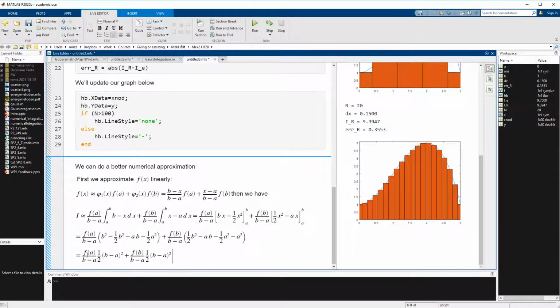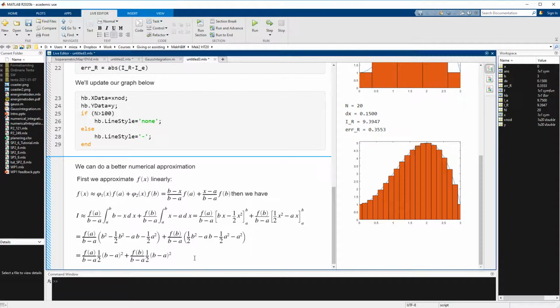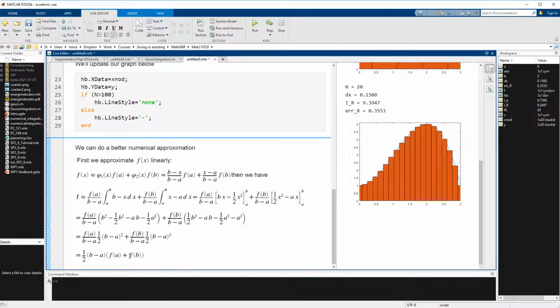So we're getting f(a) times (b minus a), and then this term here is simplified to (b minus a) squared, plus this term here, which is also simplified to (b minus a) squared, right? So we're using standard algebra here to arrive at this. Okay, and then we can combine these, and finally we have 1/2 (b minus a), which is sort of half the region, right?